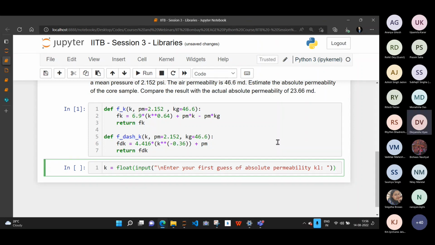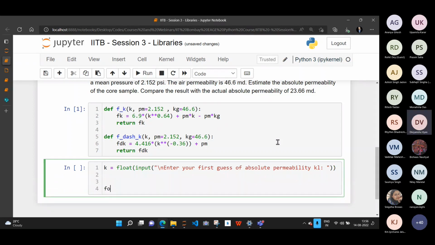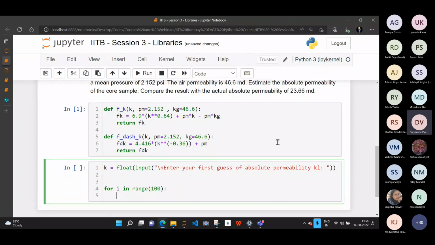So now we can just iterate for i in range. Let's say the number of iterations we provide is 100 only. Okay, so now we will update the above value: k equals k minus fk of what value do you need to provide?